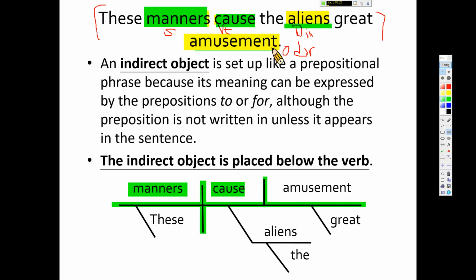So in this case, we have to use the meaning of the sentence to think of an alternative way. That is, "these manners caused the aliens great amusement" is actually equal to "these manners cause great amusement to the aliens," right?